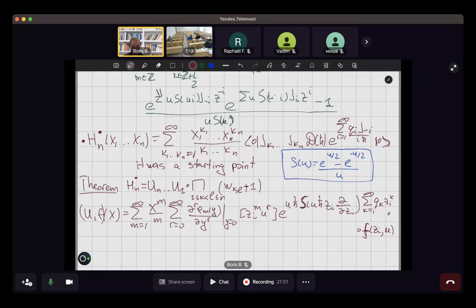So when acting upon this sum over Schur of p, Schur of q with J bold, you get precisely the Hurwitz numbers generating function. Okay, now it's clear what it is. Thank you.